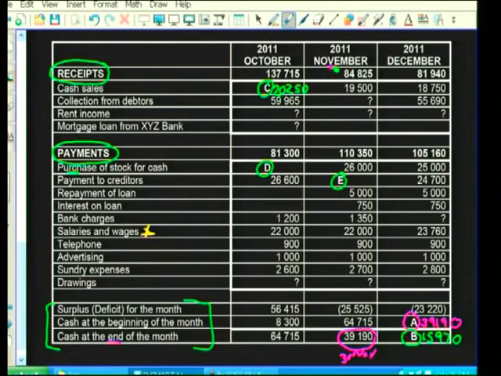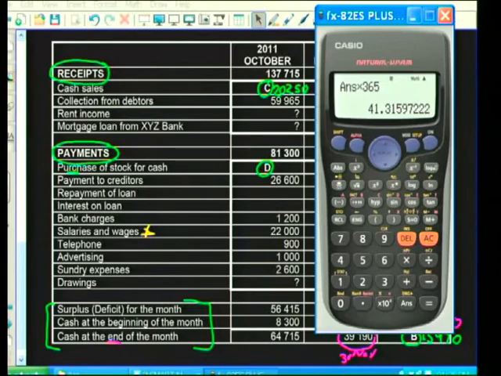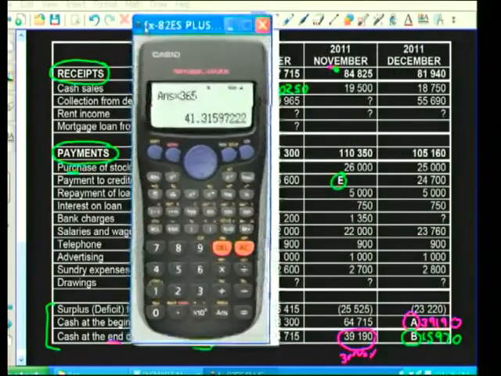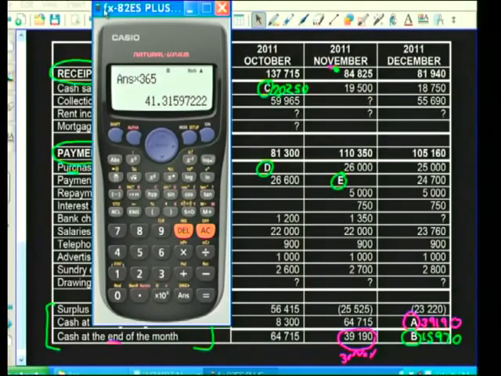The question wants us to calculate the percentage increase. I know you've done this lots and lots of times, but let's just go through it one more time, guys. The December salary and wages is 23,760. We're going to subtract the November salary, 22,000.